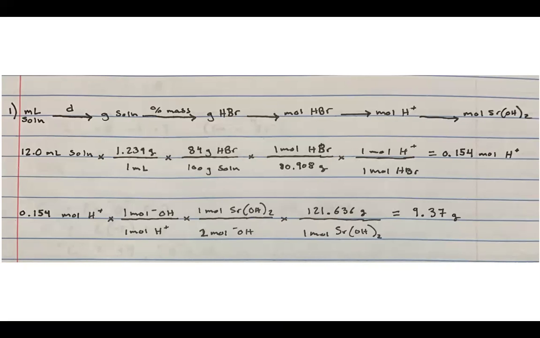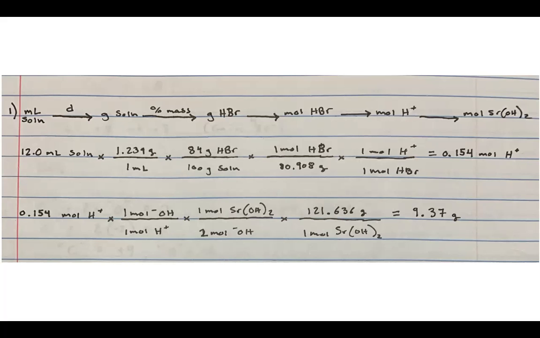And we were given a density, right? So from milliliters of that solution, we can use the density to convert to grams of that solution. And then we're told that solution is about 84% HBr by mass. So once we have grams of solution, we can use the percent mass to solve for just pure grams of HBr.